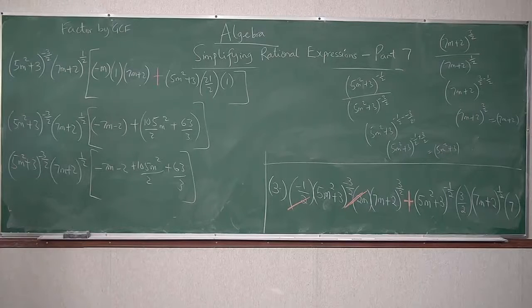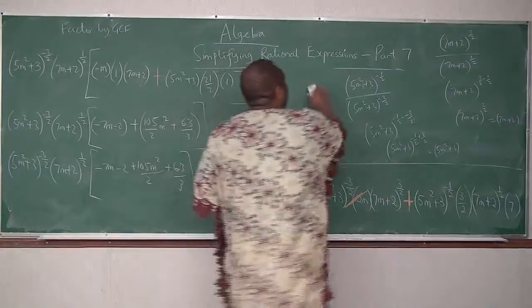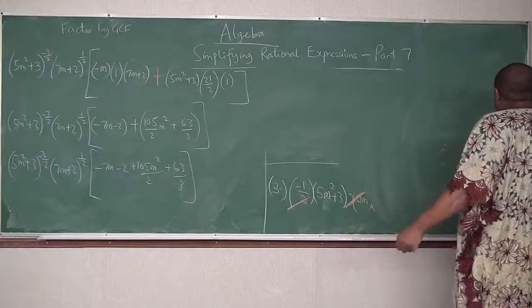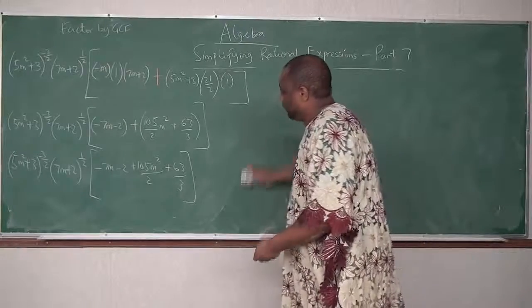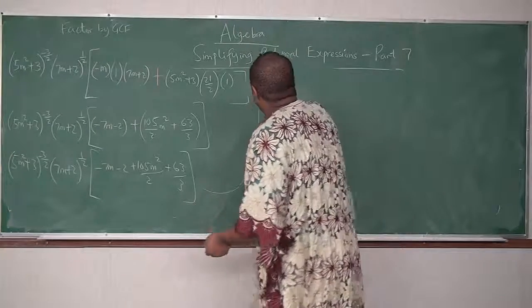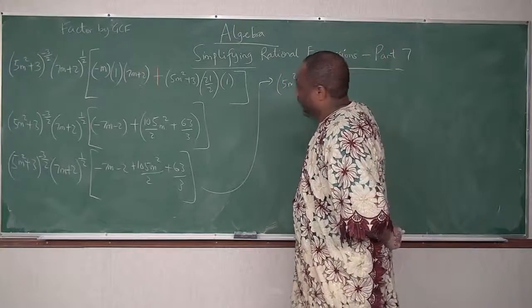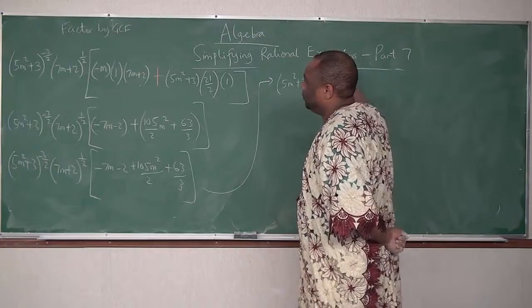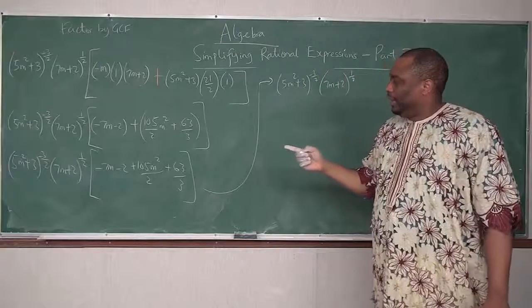Okay? Then let's finish this up. So from here, we have 5n squared plus 3 exponent negative 3 over 2 times 7n plus 2 exponent 1/2.